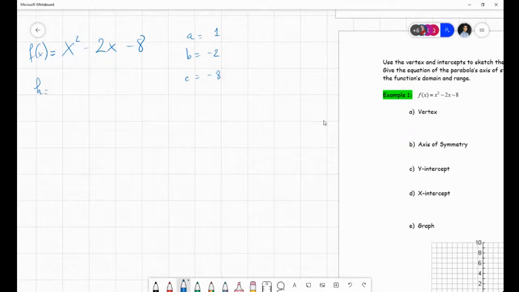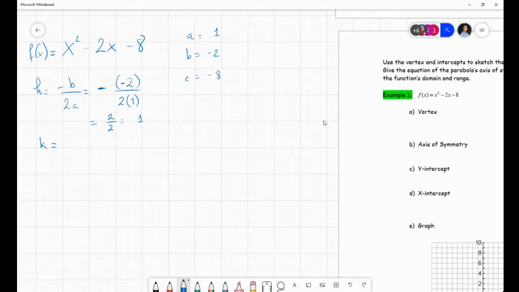So to find h, that's negative b over 2a. So I'm always going to put this negative up front because that's part of the formula. And whatever b is, you copy that down. Make sure, okay, you write the exact same b you have here. And 2 over 1. So now we can simplify: negative times a negative, that's a positive. So positive 2 over 2, that equals 1.